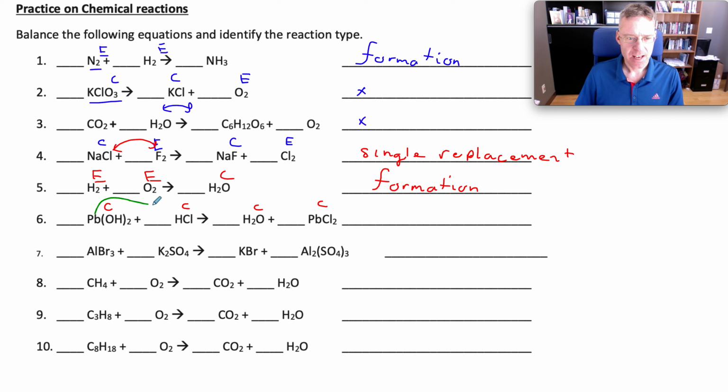We're going to have the lead and the H plus switch places, and they're going to pair up with different anions or non-metals. The lead will pair up with the Cl, and the H will pair up with the OH. So this isn't a single replacement, but a double replacement.